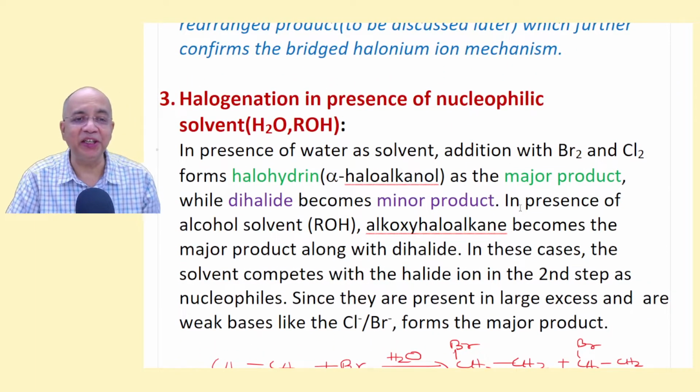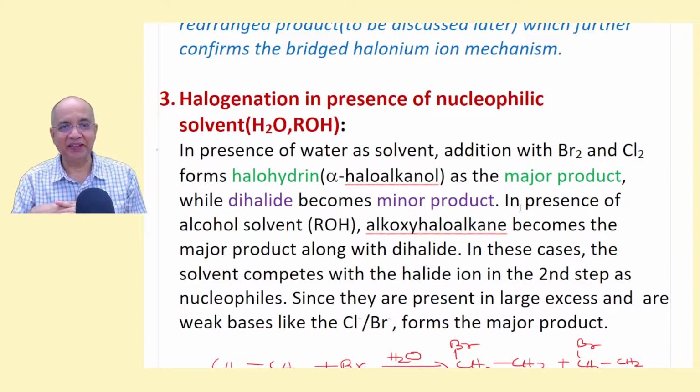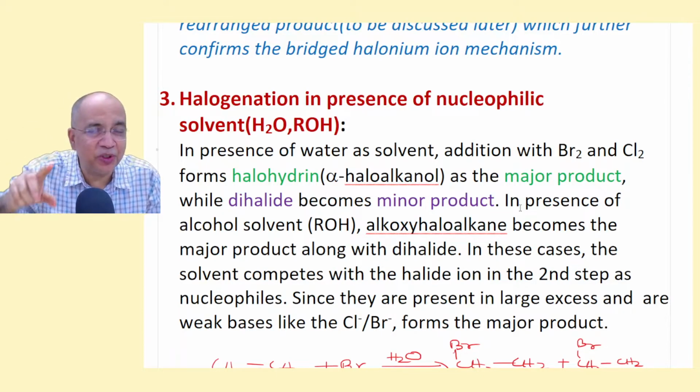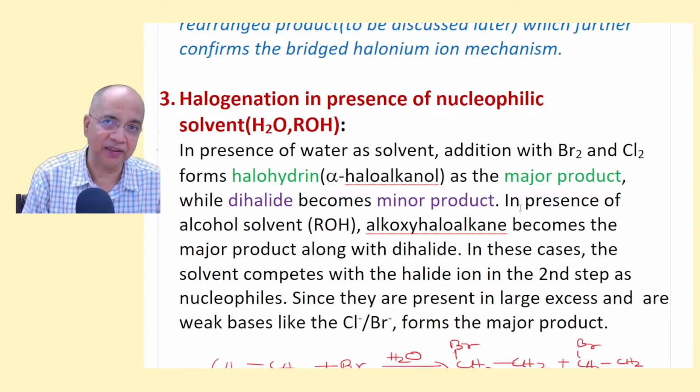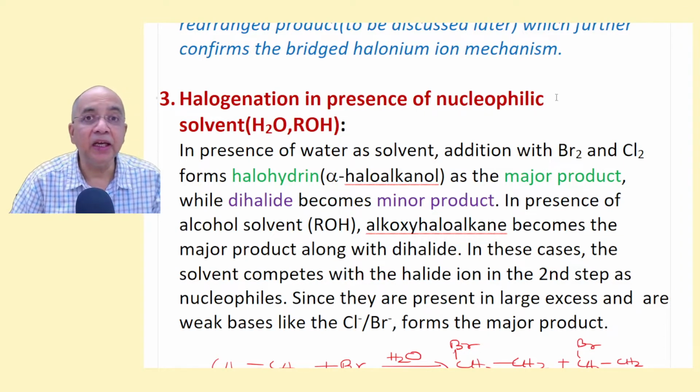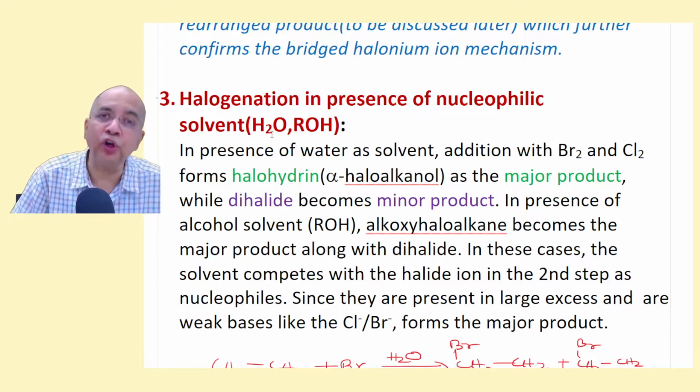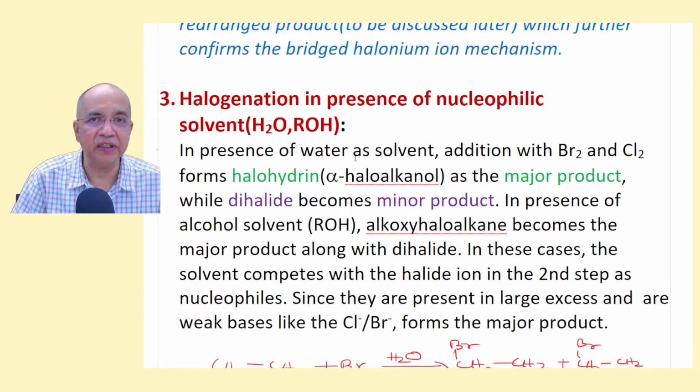Now comes the interesting part. In the earlier video, we only took HOX, hypohalous acid. But if you take halogen along with water, chlorine water, bromine water, chlorine alcohol, bromine alcohol, these are nucleophilic solvents.